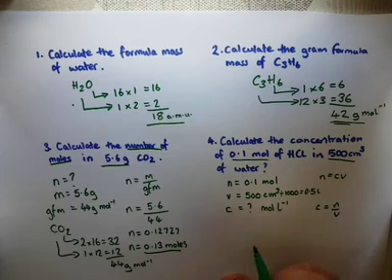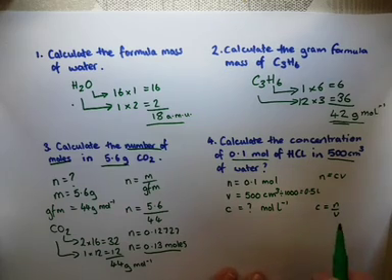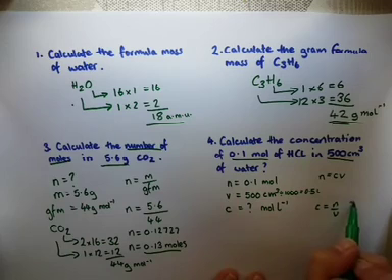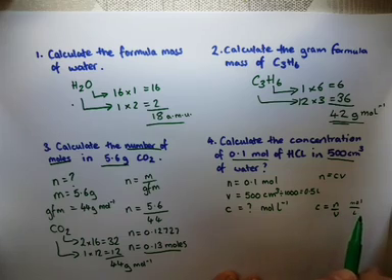One good way to double check that you're doing this right is to put in your units. So we know that n is in moles and volume is in litres, and the units of concentration should be moles per litre, moles divided by litres. So that's a little check that we've got this equation the right way around.